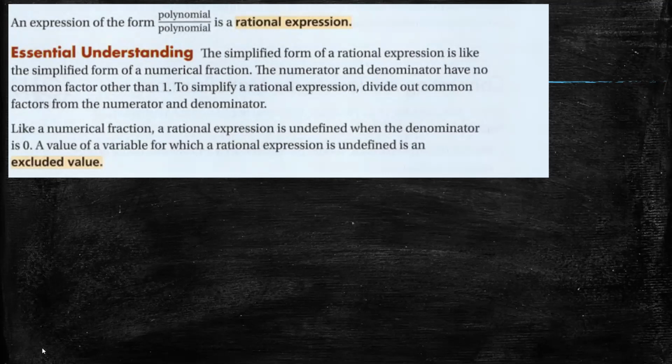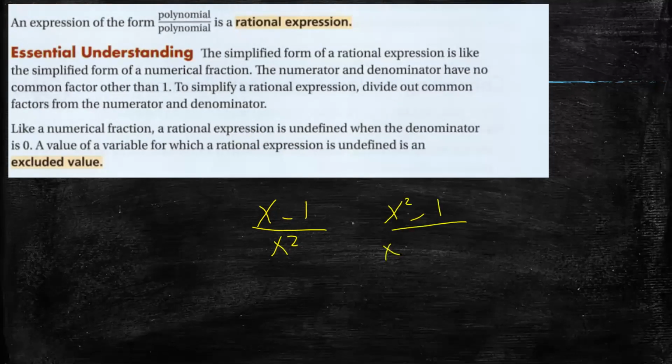If you have polynomial over polynomial, and we know what a polynomial is, we have a rational expression. So if you have x over x minus 1, or x minus 1 over x squared as an example, or x squared minus 1 over x cubed minus 3, or x plus 2 over x squared plus 2.